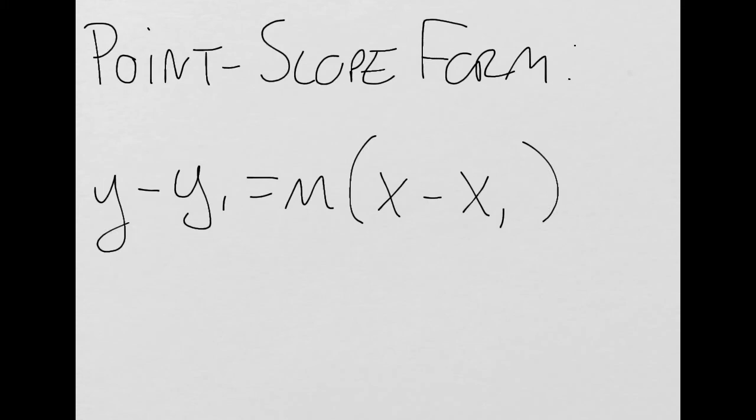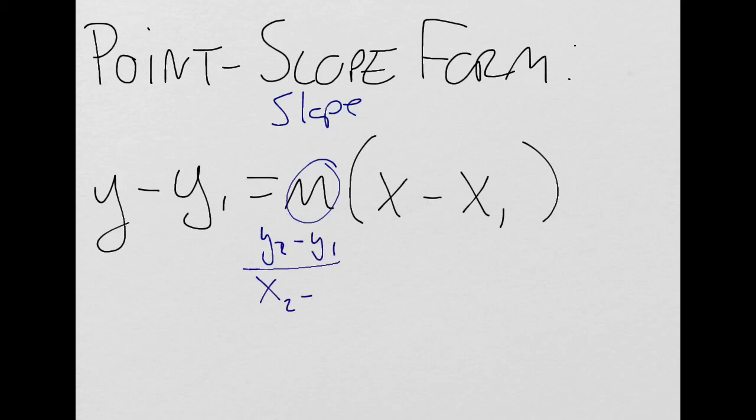The next form of an equation that we can use is called point-slope form, and that's because the information that we get from this equation is one point that lies on the line and the slope of that line. So let's go ahead and take a look at what information we have in here. So m, again, this is our slope. This is the y2 minus y1 divided by x2 minus x1.